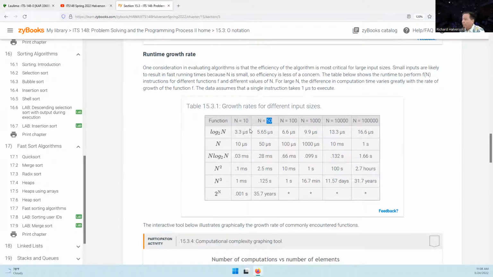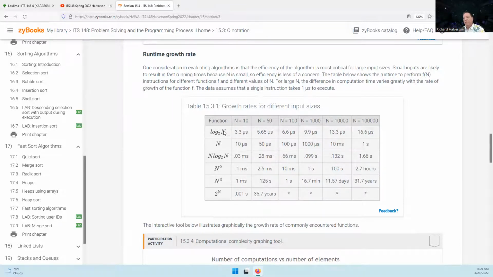So here, for example, and that's kind of what I was sort of showing you with this program that I was running. If you have a log n, okay, so binary search is log n, linear search is n.